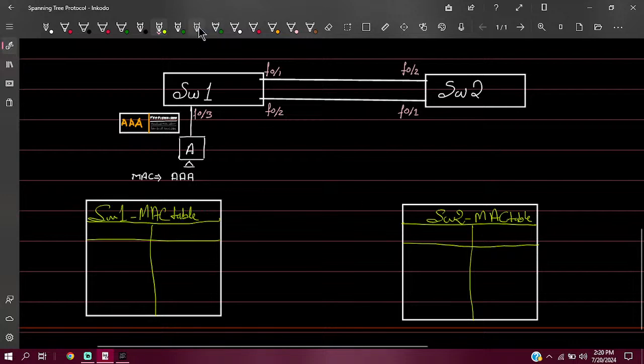So the entries made here will be with respect to the port of the switch and the MAC address associated with that port. As soon as this broadcast frame is shared to switch 1 fast Ethernet 0/3, switch 1 will first read out the source MAC address and make an entry in its MAC address table, which stays here for the next 5 minutes if it is a dynamic entry. After 5 minutes it will be flushed out.